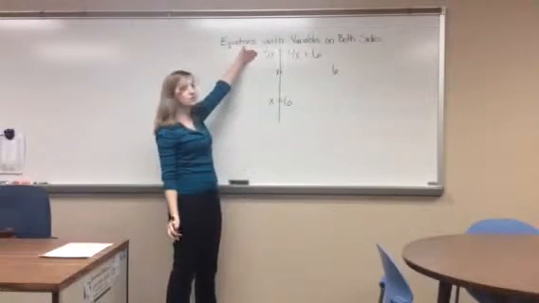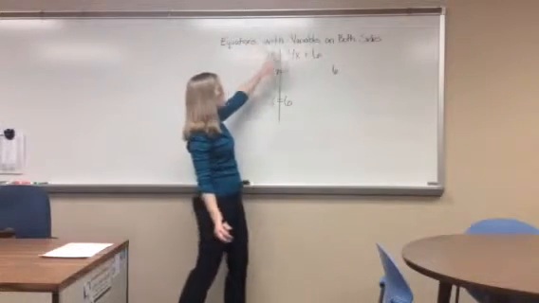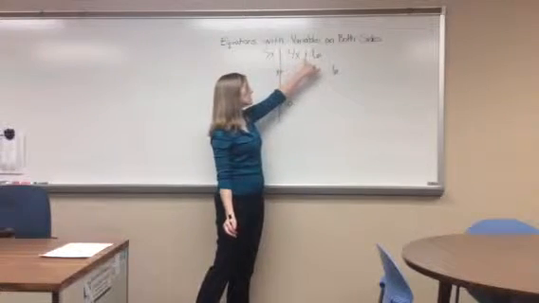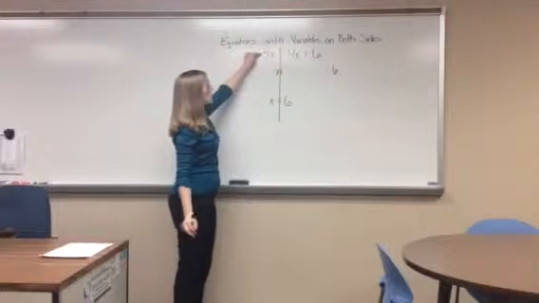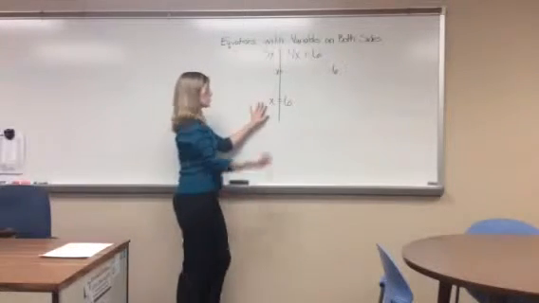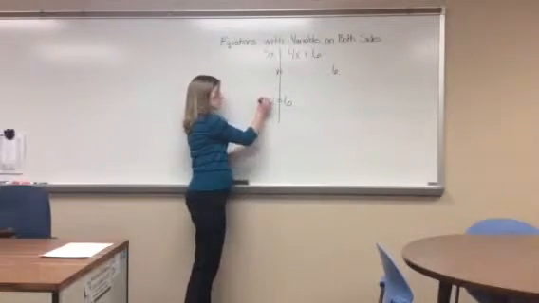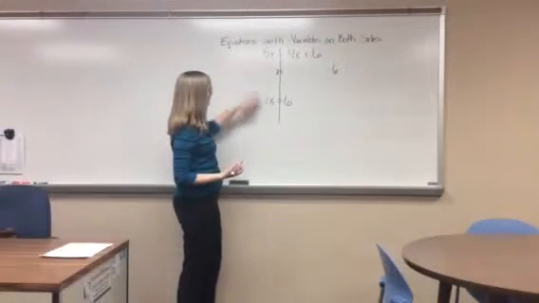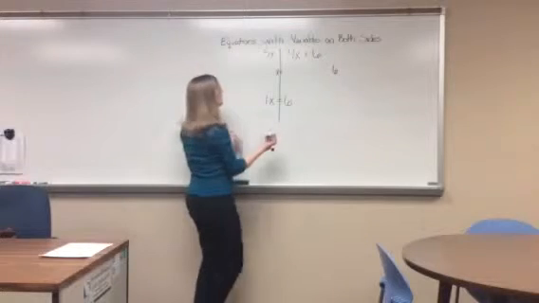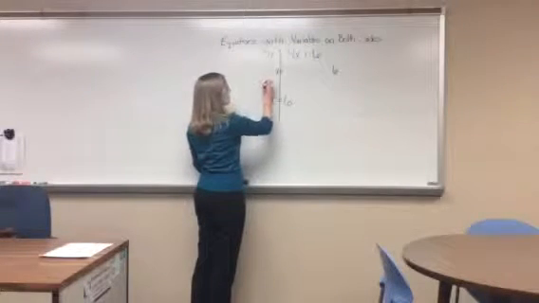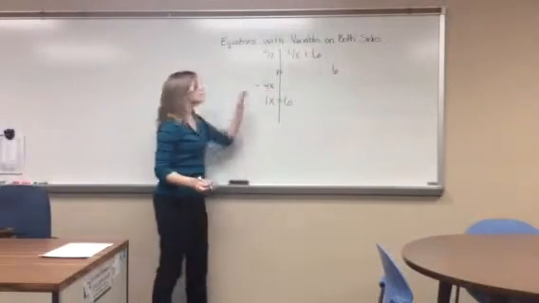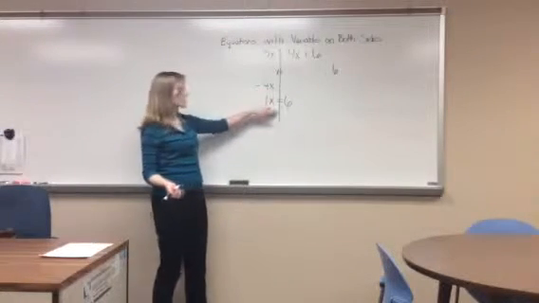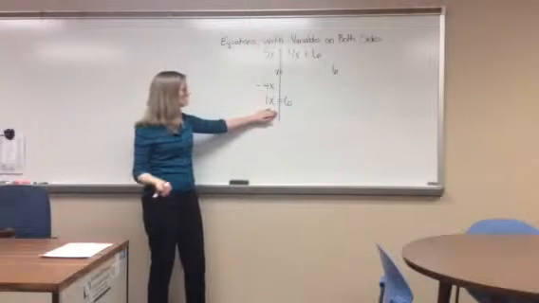Now if we go back to the original problem and look at what we started with, 5x equals 4x plus 6. To get from 5x to this essentially would be a 1x. We don't put the 1 there, but we can. To get from 5 to 1, we would subtract 4 x's. 5x, take away 4x, we took 4 x's away, gives us our 1x, or just x.